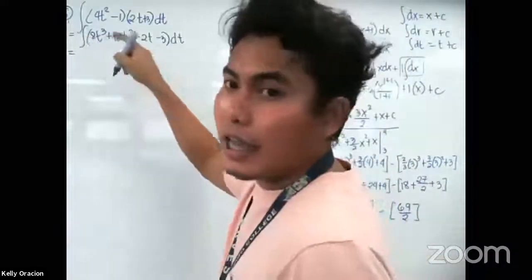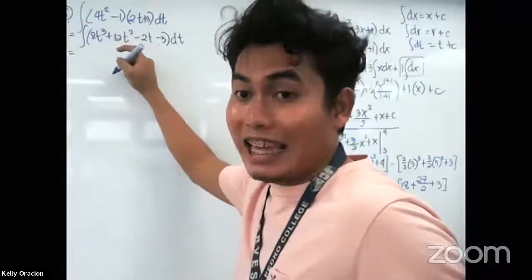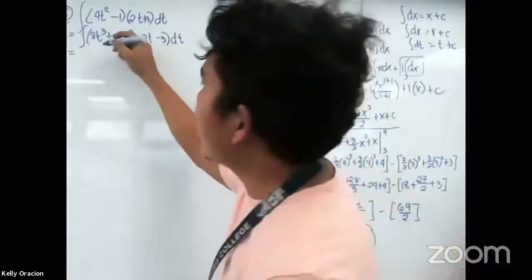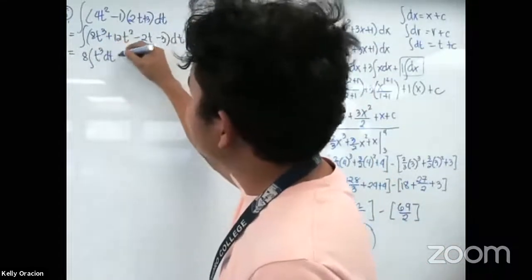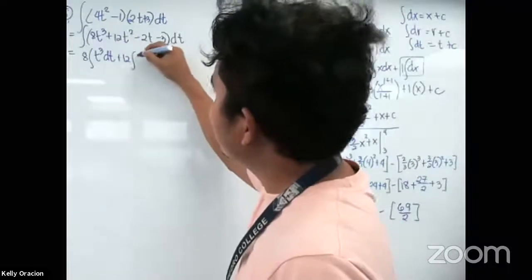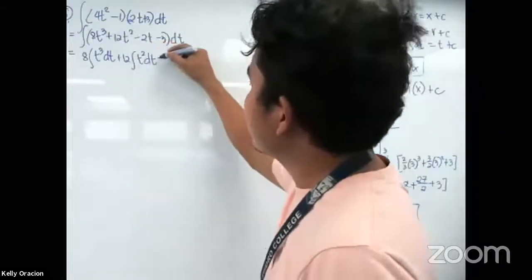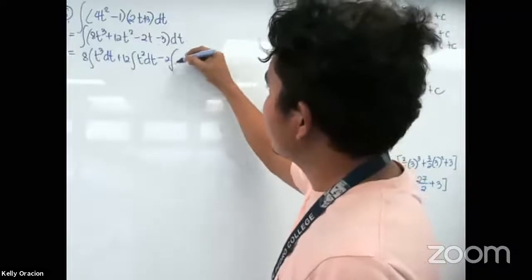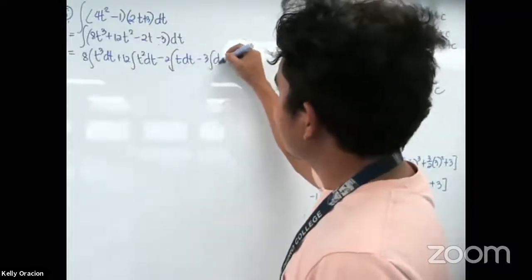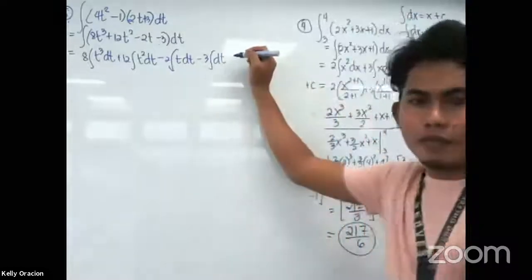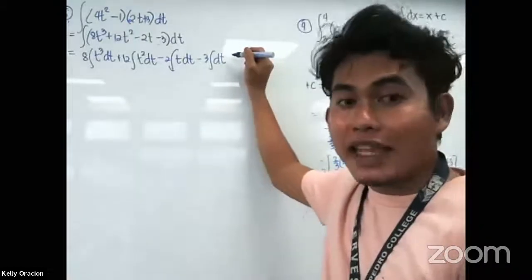So, merong constant na 8. So, ilabas ang 8. Ilabas always ang constant. So, 8 times t cubed dt plus 12 t squared dt minus 2 t dt minus 3 dt. Then perform antiderivative.